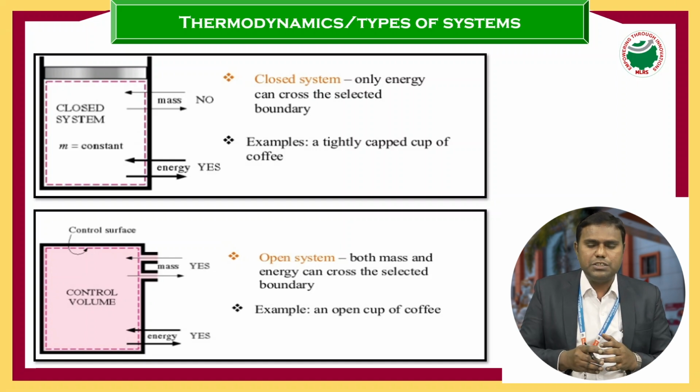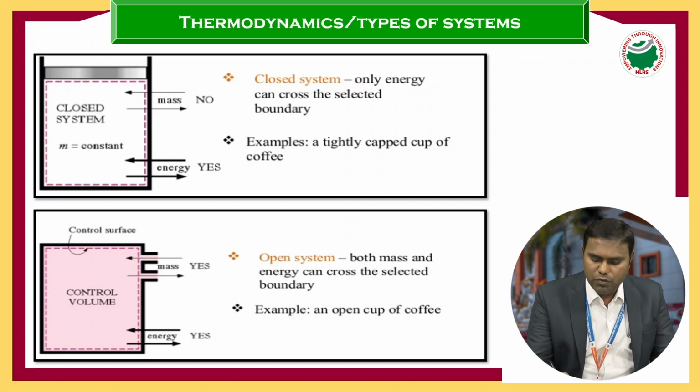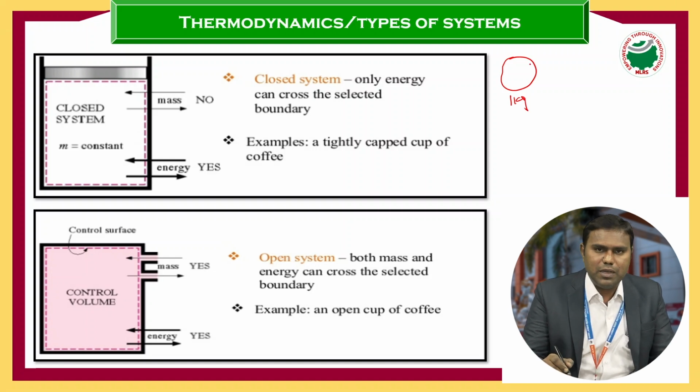In a closed system, there is a fixed quantity of mass and energy transfer across the boundary. All these systems are categorized based on mass and energy. Suppose I take 1 kg of fuel, then this is called mass.